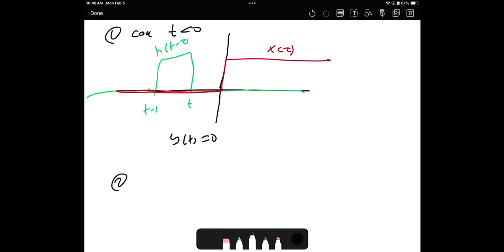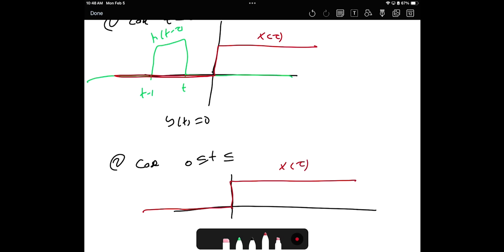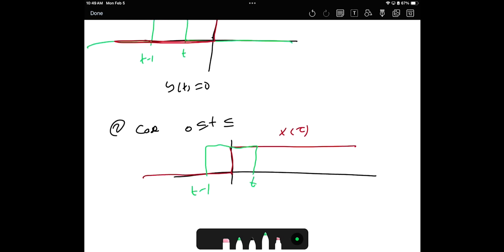Case number 2, which is when t is between 0 and another range. How can we determine the other range? Let's plot x of tau because it's fixed. Now we need h to move this way, at t minus 1.